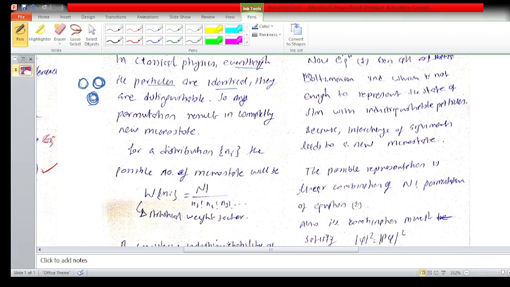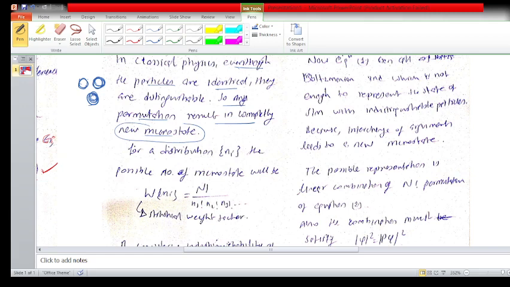They are identical, but distinguishable by means of color. So in classical physics, the particles are distinguishable even though they are identical. So any permutation, if you apply on that state, will result in a completely new microstate.